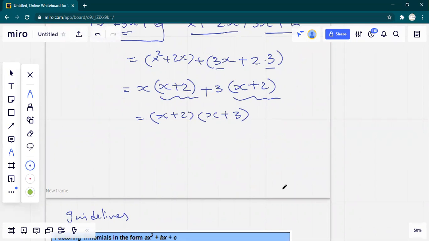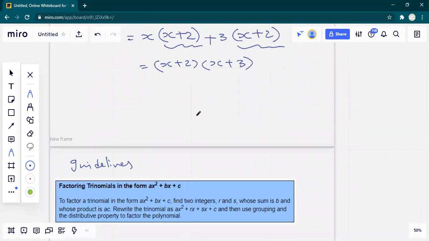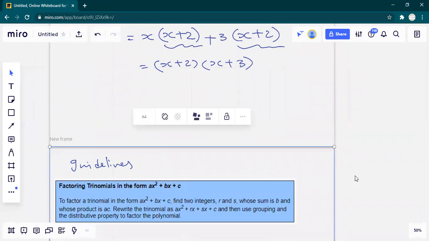Okay. Let us factor a slightly more complicated trinomial to get more practice. Let me insert a page here.